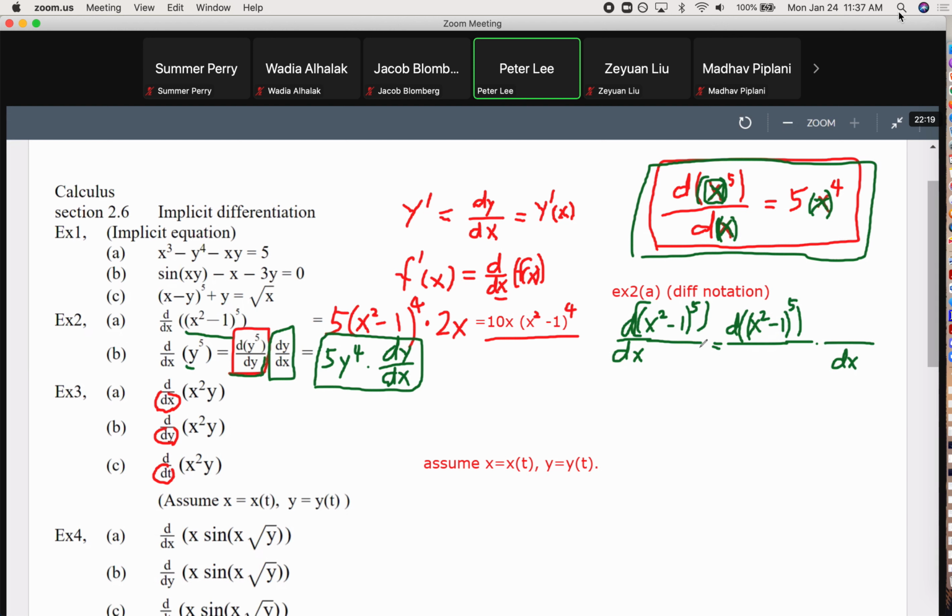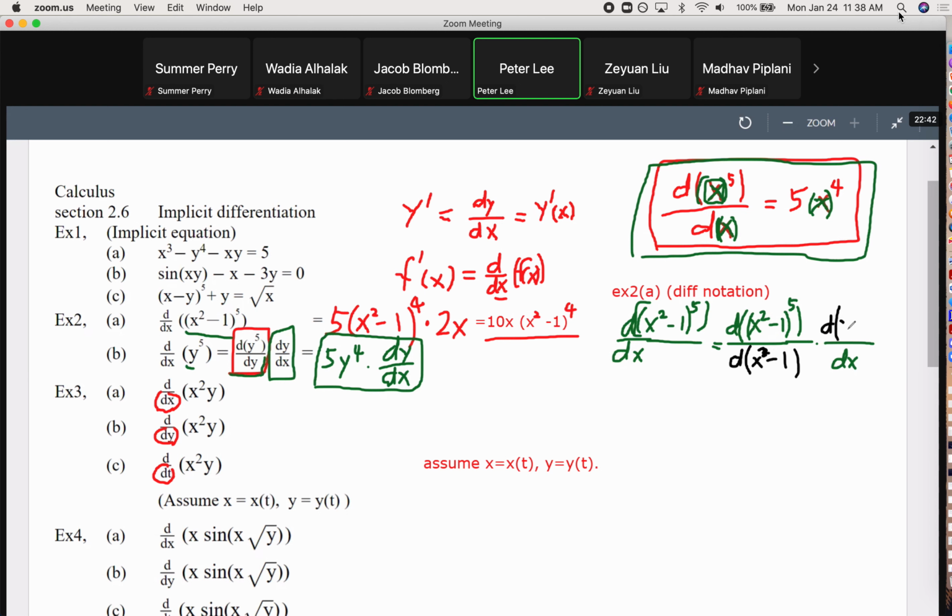And so now what do we do? We now put this in. How about if I write this in black? D of what? D of x squared minus 1. It looks messy, doesn't it? This is x squared minus 1. And this one, let's put d of x squared minus 1.